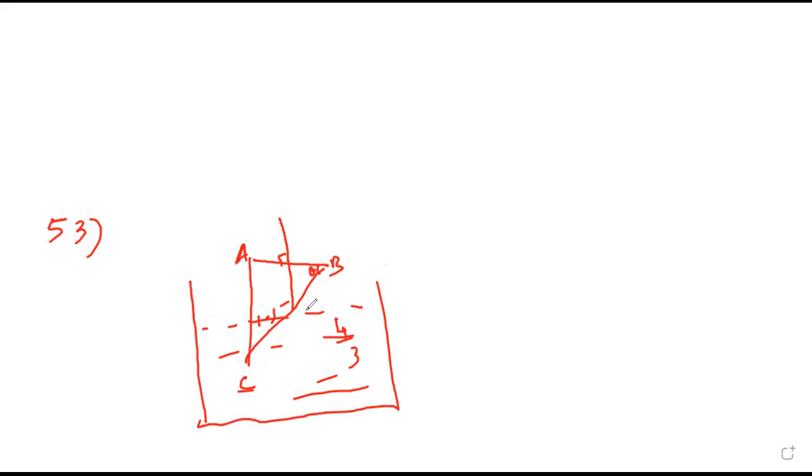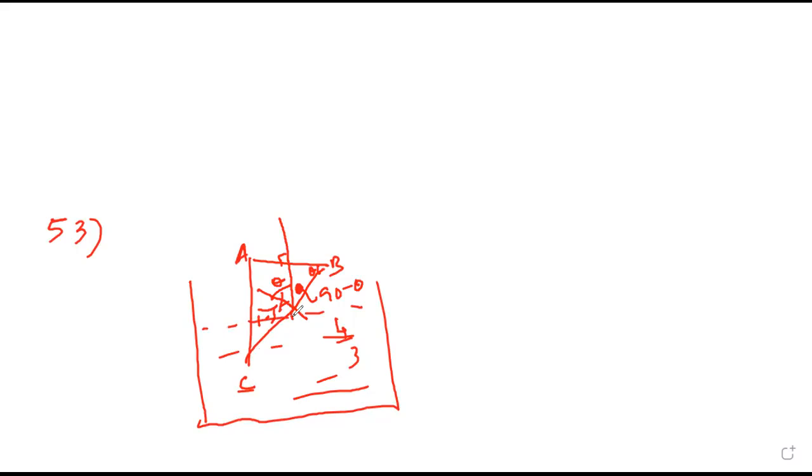This is theta. If this is theta, what will be this angle? Is it 90 minus theta? So if that is 90 minus theta, this has to be theta by geometry.